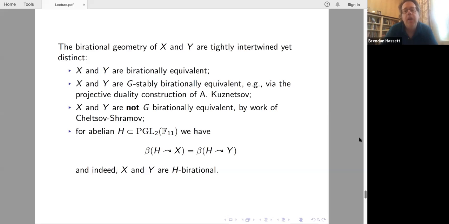And so you do get a birational invariant, but in general, it's hard to compute. But there is an invariant that comes out of it by following the strategy I laid out before.